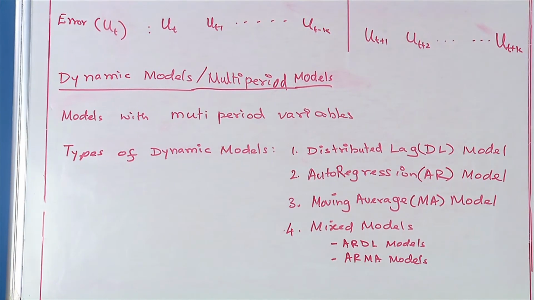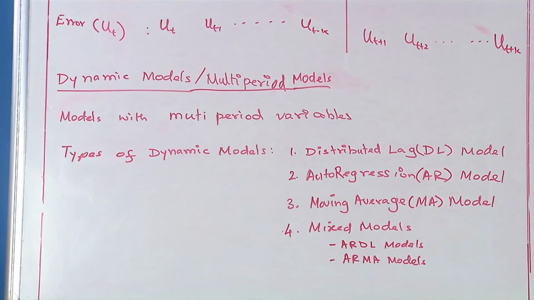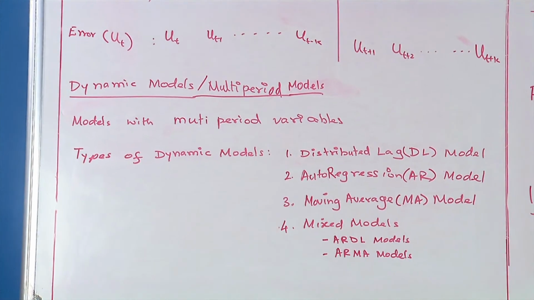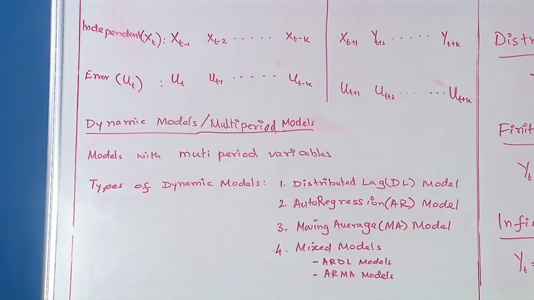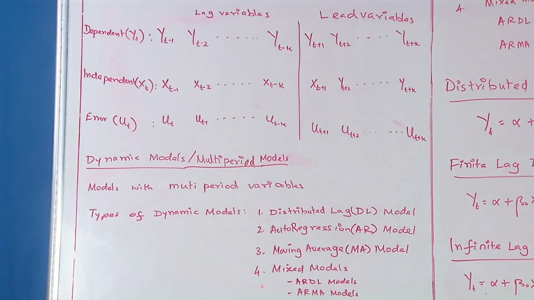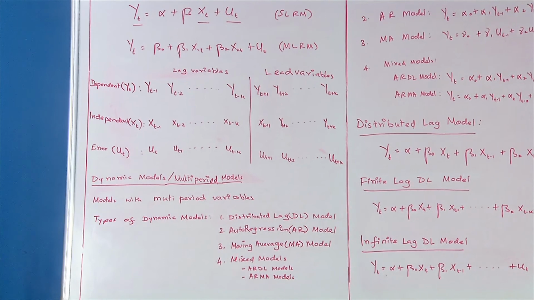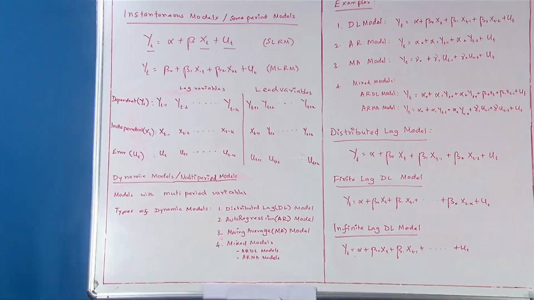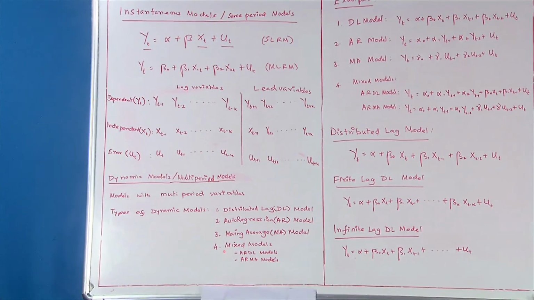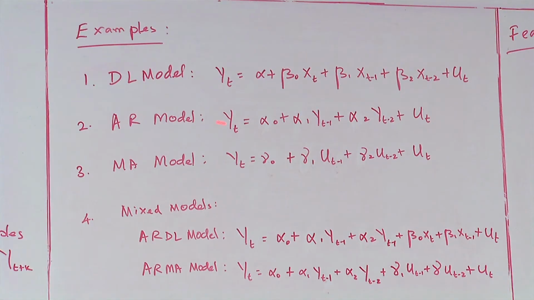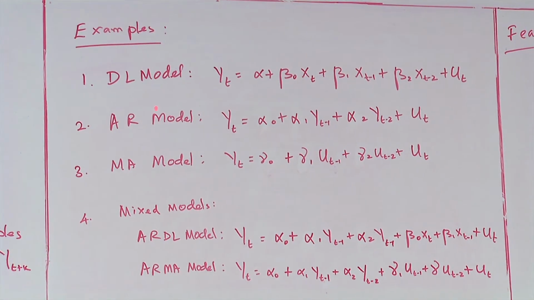So, with the help of lag and lead variables of different dependent, independent and error variables, we can form these models. We will see how these models are given notation following this. We will find some examples.